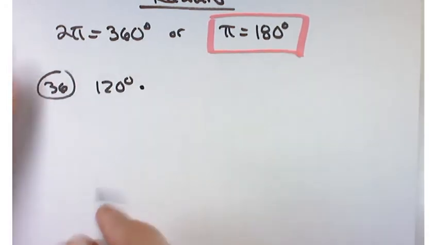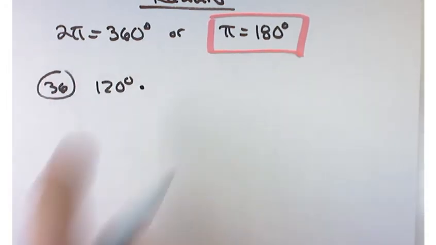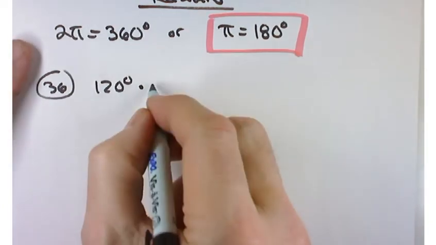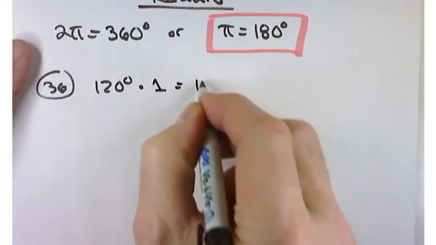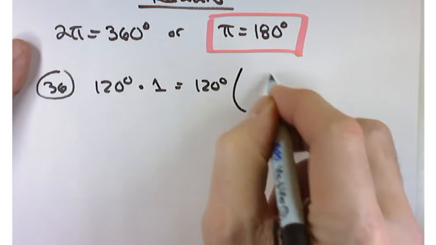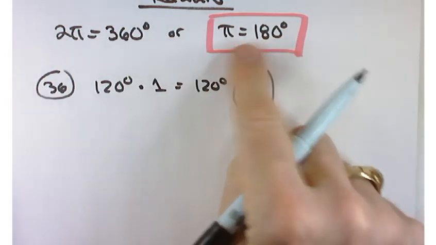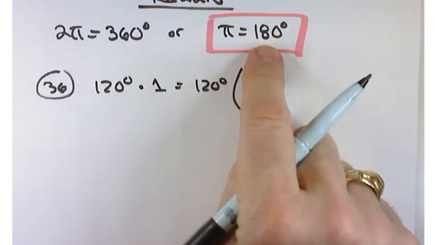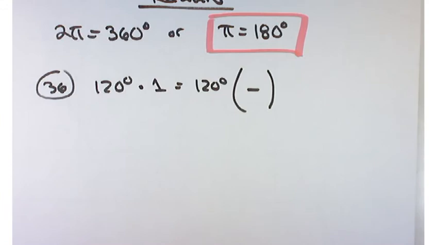Well, in order to convert degrees to radians, I'm going to multiply by 1. Now I know that pi equals 180, and I know I'm going to write a fraction here. But what goes in the numerator and what goes in the denominator? Try and write it down. Don't shut it out. Try and write it down.